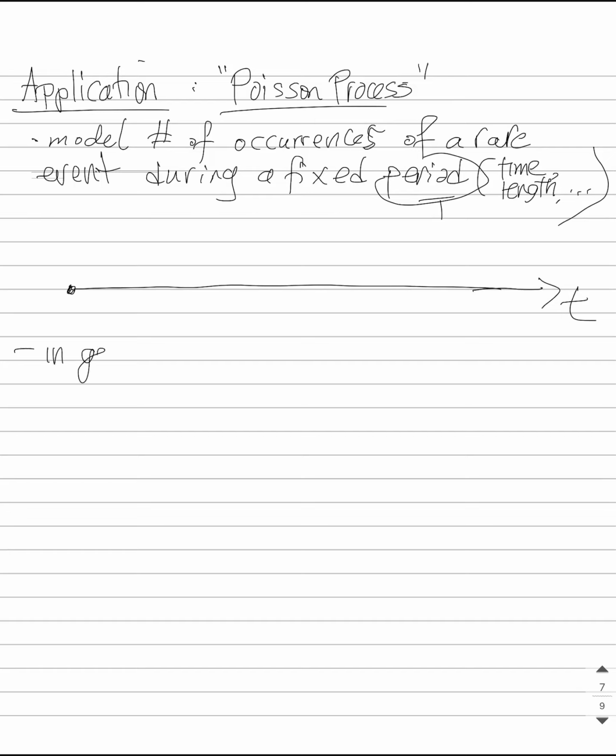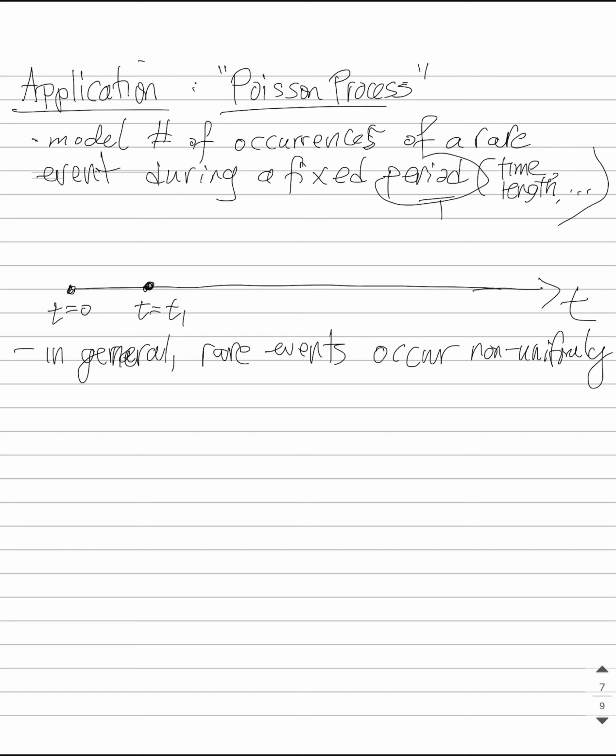Now, in general, rare events don't happen uniformly spaced. So rare events occur non-uniformly. Let's say that we start the clock here and maybe the first event happens right there.